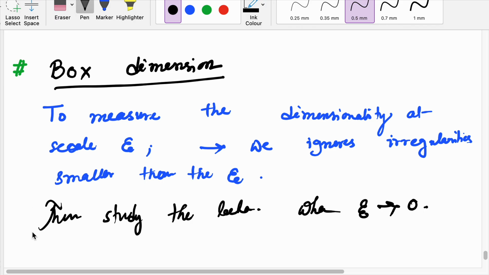So first we get rid of all the irregularities smaller than size epsilon. Then, whatever we find at epsilon, we theoretically ask what the dimensionality is as epsilon goes to 0. That is how the definition works.